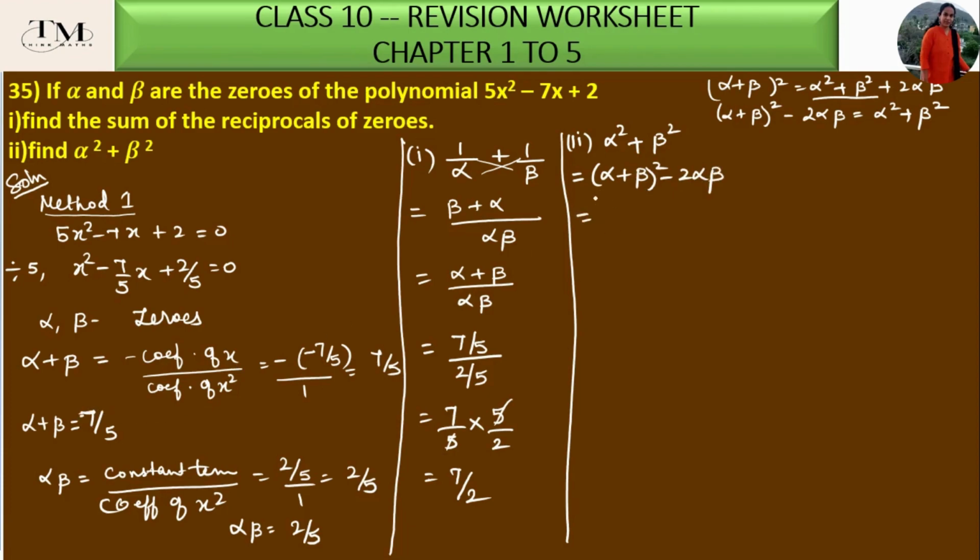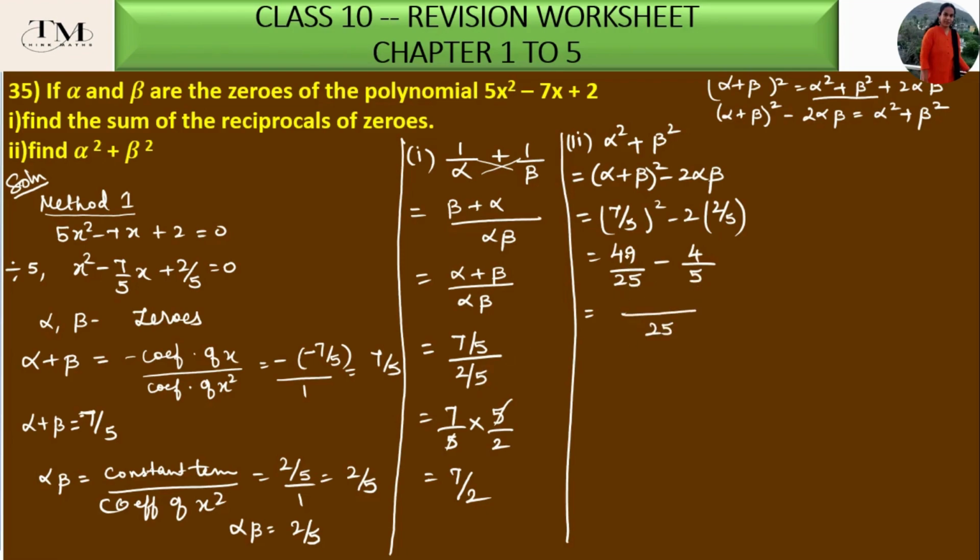What is alpha plus beta? Alpha plus beta is 7 by 5 whole square minus 2. What is alpha beta? It is 2 by 5. So 7 square is 49, 5 square is 25, minus 2 into 2, it is 4, divided by 5. So for 25 and 5 we can take 25 as LCM.